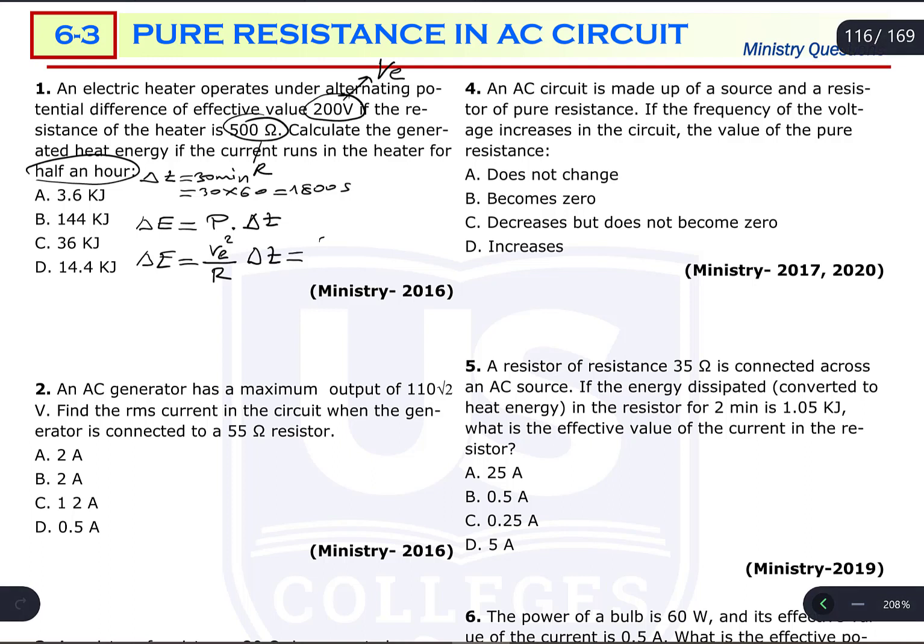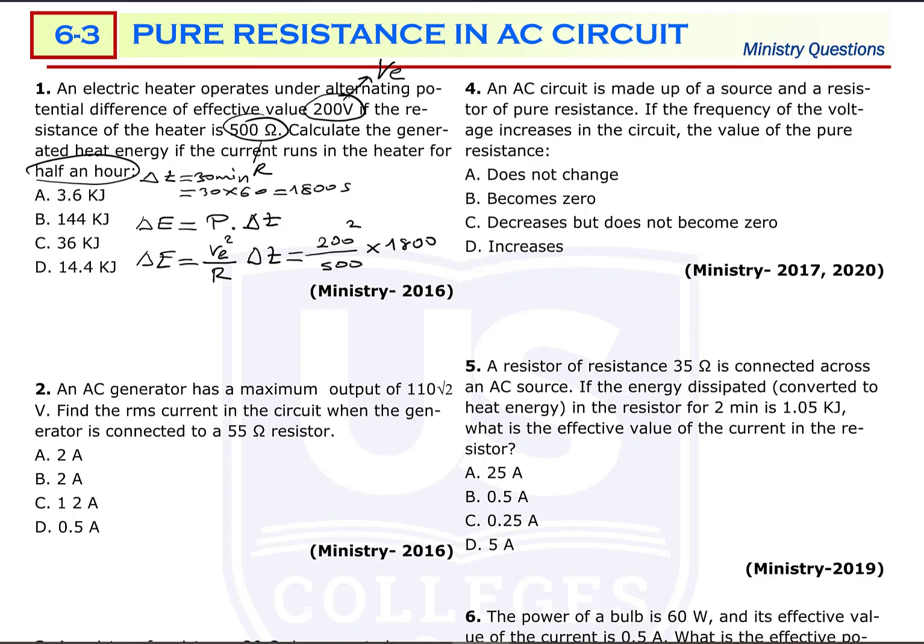So V effective is 200 volts, 200 volt squared divided by R, which is given as 500, multiplied by delta T, which is 1,800 seconds. Now let's multiply them all. 200 squared divided by 500 multiplied by 1,800.